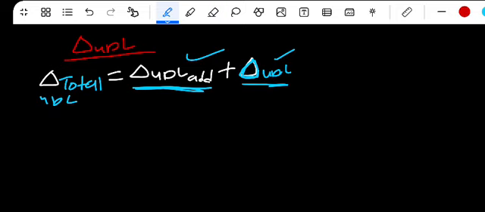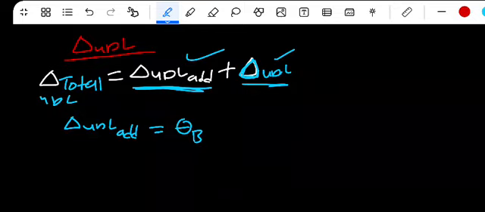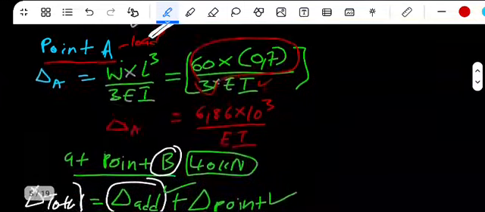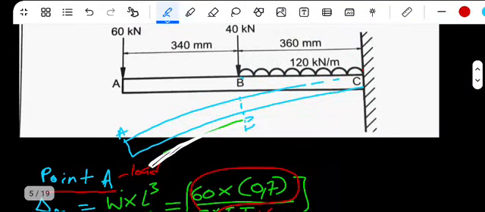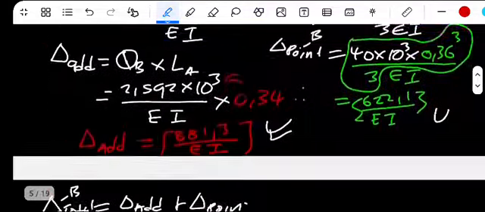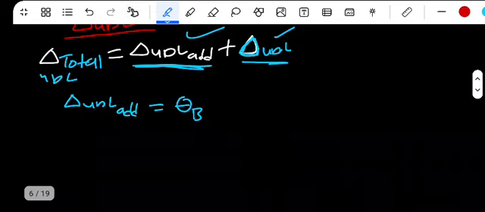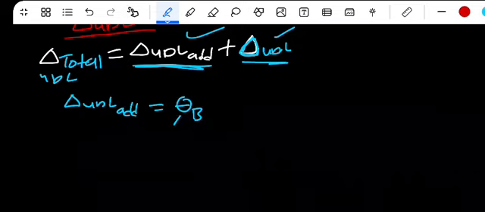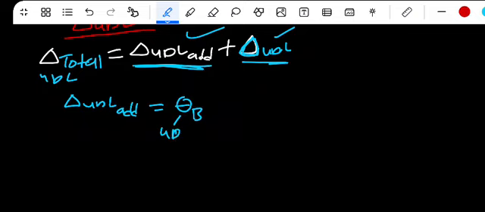So we have the additional. We know that the additional will be the slope, not just the slope, but the slope at B, because the UDL starts here at B. It's the slope due to UDL, not the point load, multiplied by the additional length.